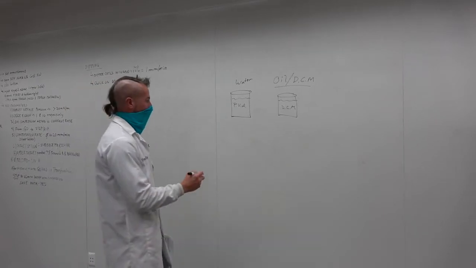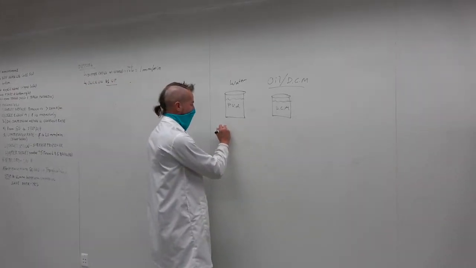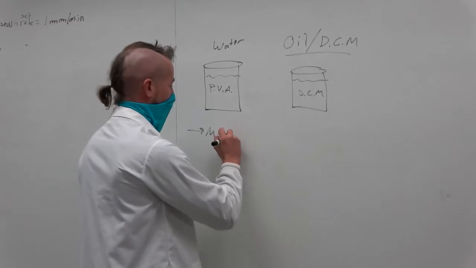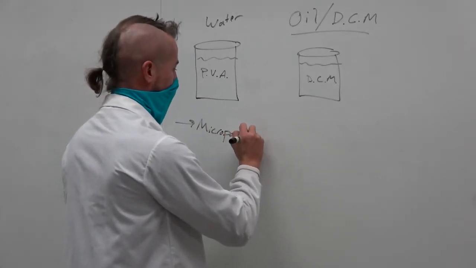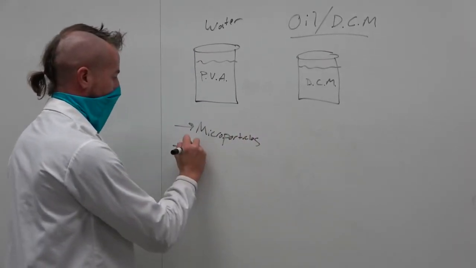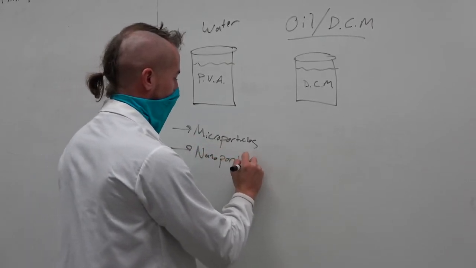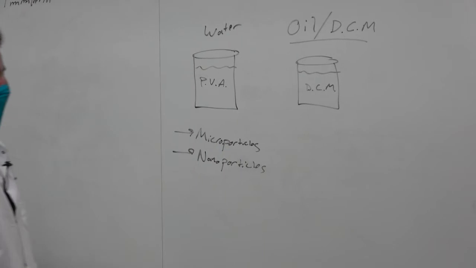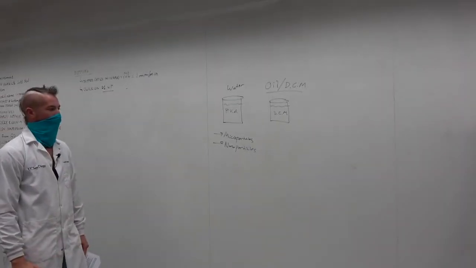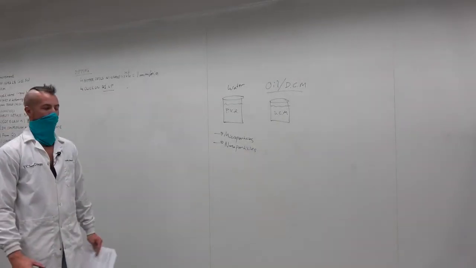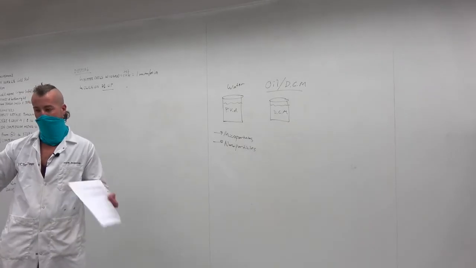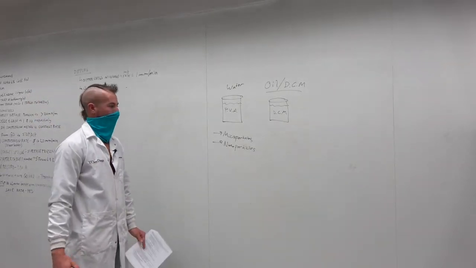So we're going to make both microparticles and nanoparticles. And based on the equation I showed you on Canvas, more energy is going to give us smaller particles.